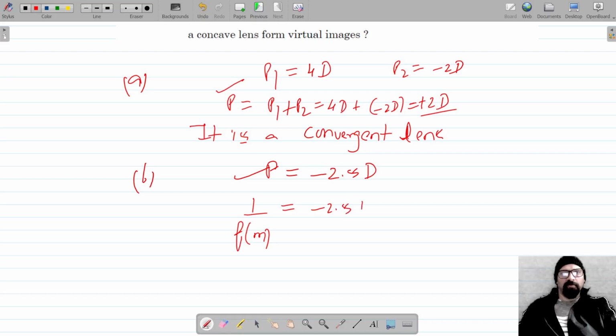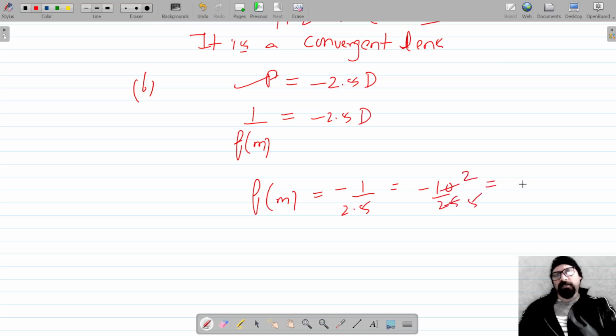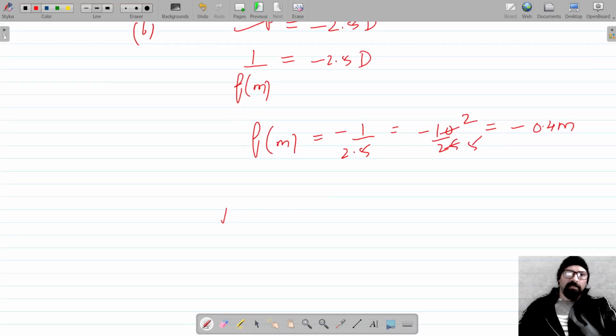So this is 1 upon negative 2.5, which is negative 10 by 25, which is negative 0.4 meter. And if we have to write this in centimeters, it is negative 40 centimeter. So negative 40 centimeter is the focal length.